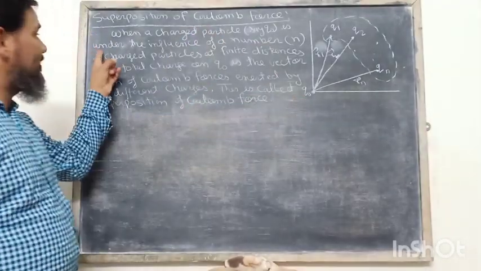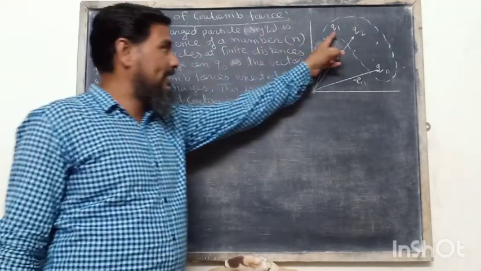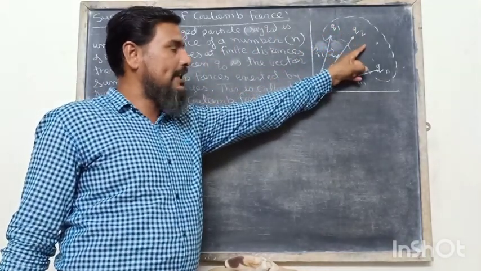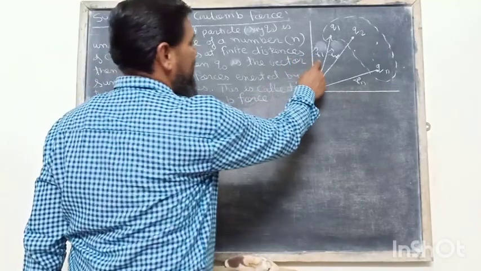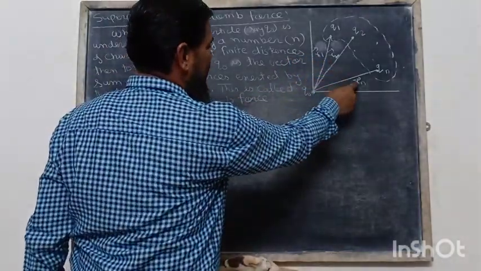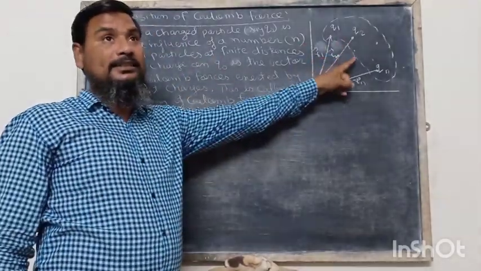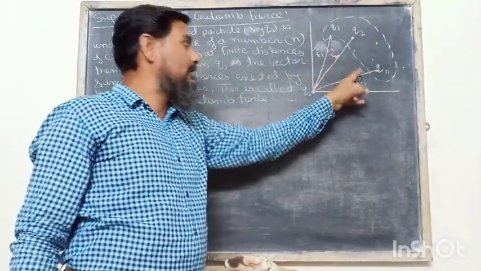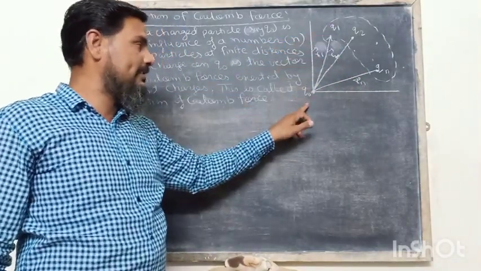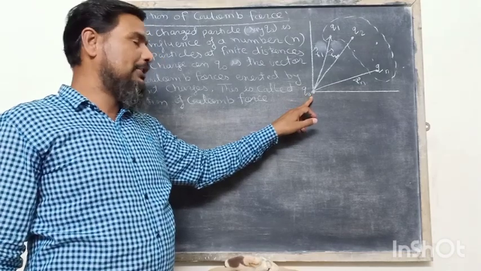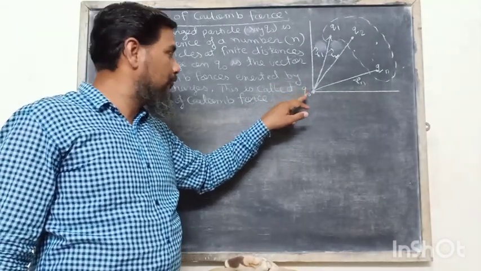Now we shall study the superposition of Coulomb force. When a charged particle Q0 is under the influence of a number of charged particles Q1, Q2, Q3 up to Qn, at finite distances R1, R2 up to Rn, each individual charge exerts a Coulomb force on Q0.